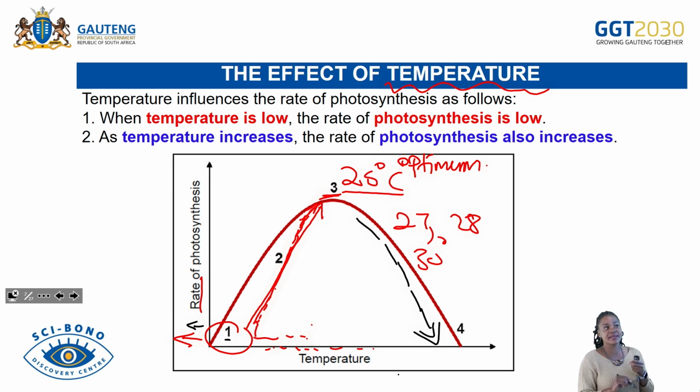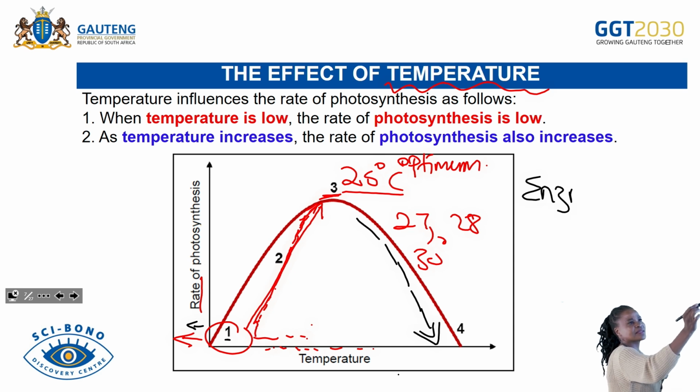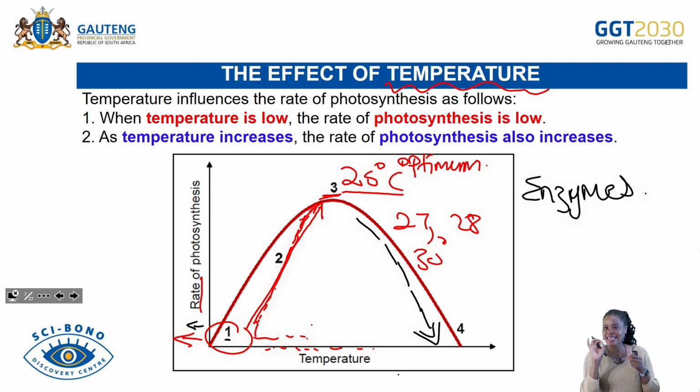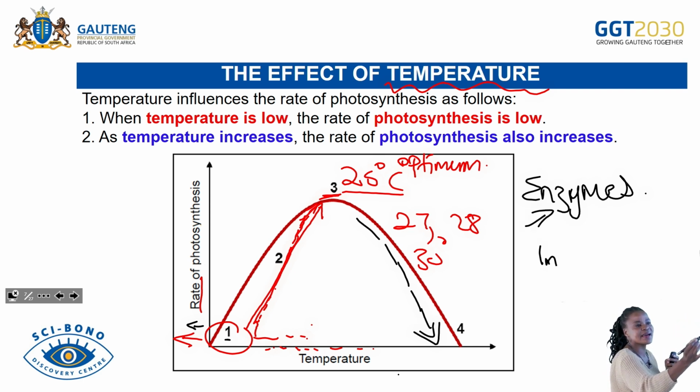Why is it decreasing? Remember, the process of photosynthesis is made possible by the enzymes. And we know that enzymes need a certain temperature to be active. Now, if the temperature is above what is required, these enzymes are going to become inactive.